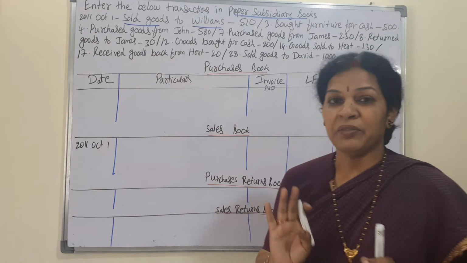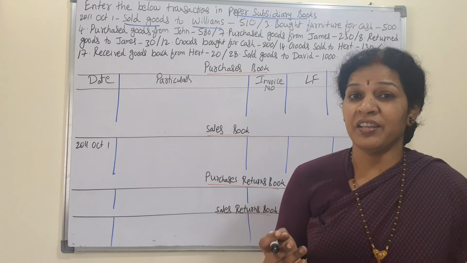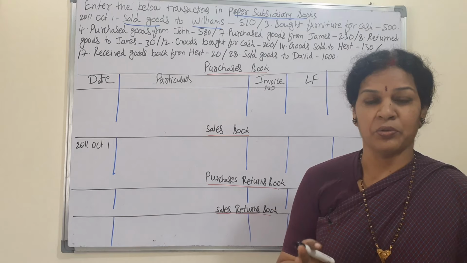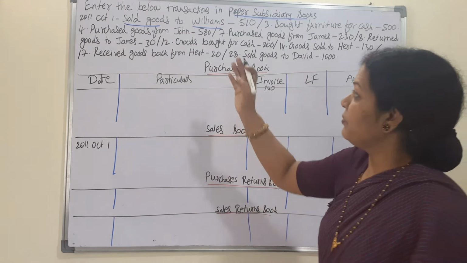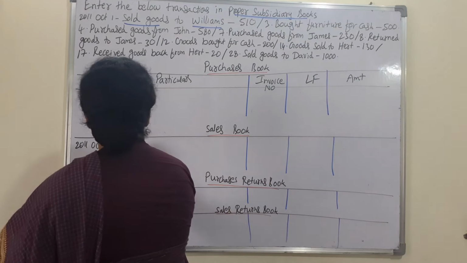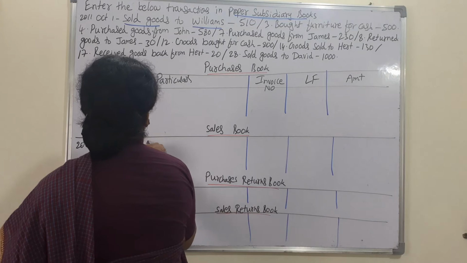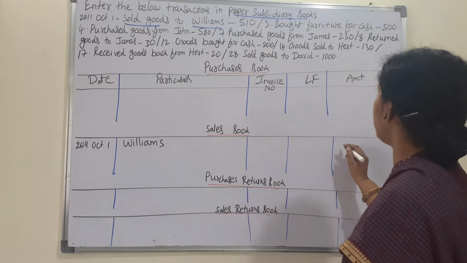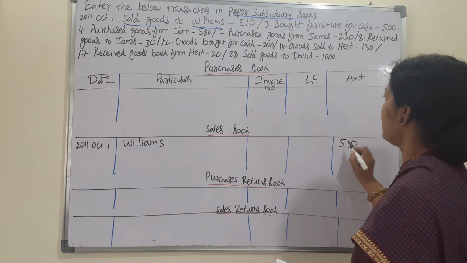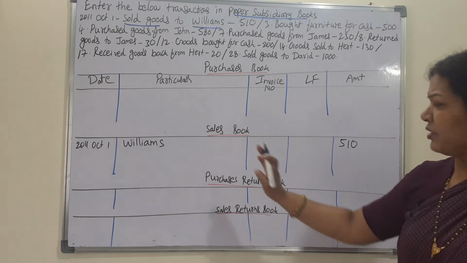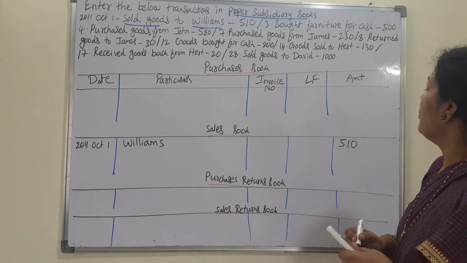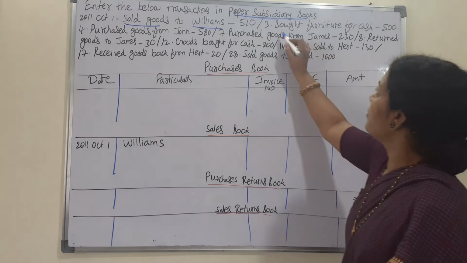We'll take the name of the person to whom we have sold, Williams. If details were there, we would have taken them also, but details are not given. Williams, how much did we sell? 510. Invoice number and LF we don't write anything. So directly 510 I have written. That is over.